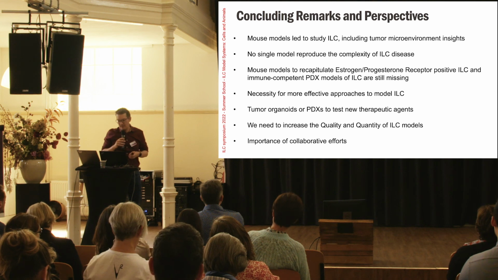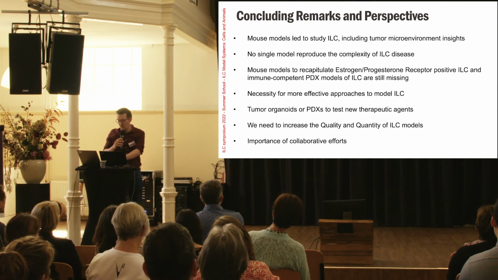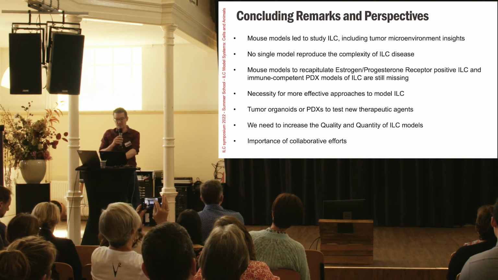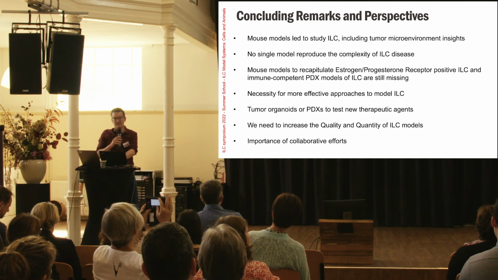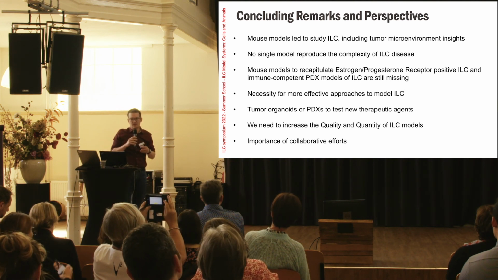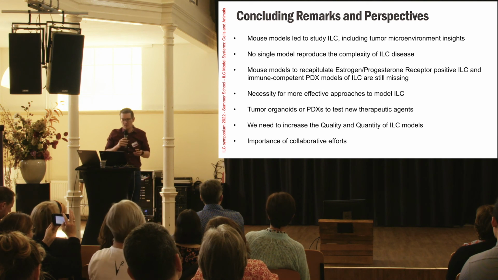We need, and there are many efforts, to develop further organoids and PDX to test new therapeutics. We definitely need to increase the quality and the quantity, specifically of the lobular models.